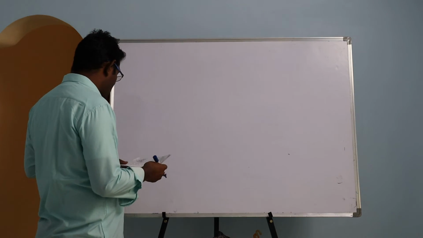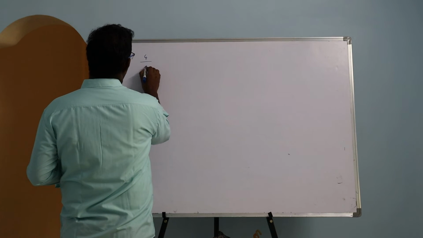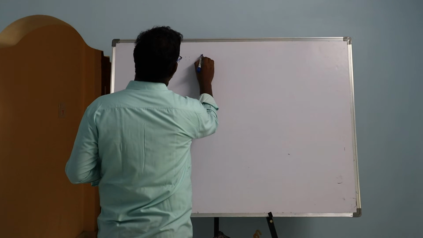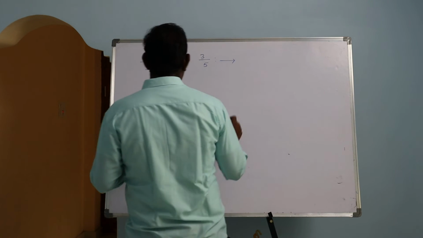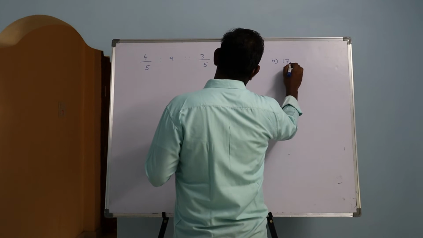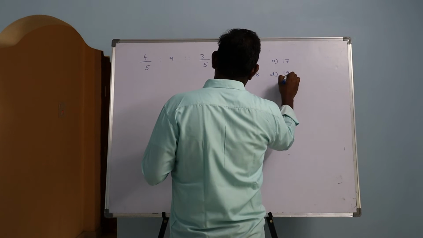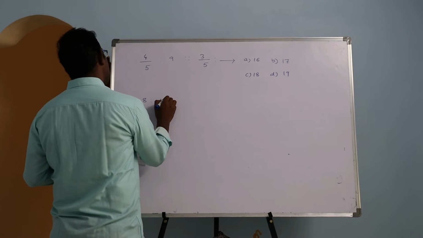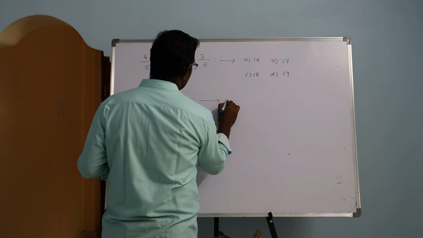Right, clear? Next bit, sir. 4 by 5 is 9, as 3 by 5 is dash. Option A is 16, option B 17, option C 18, option D 19. Next bit, sir. 8 is 16, as 12 is dash.